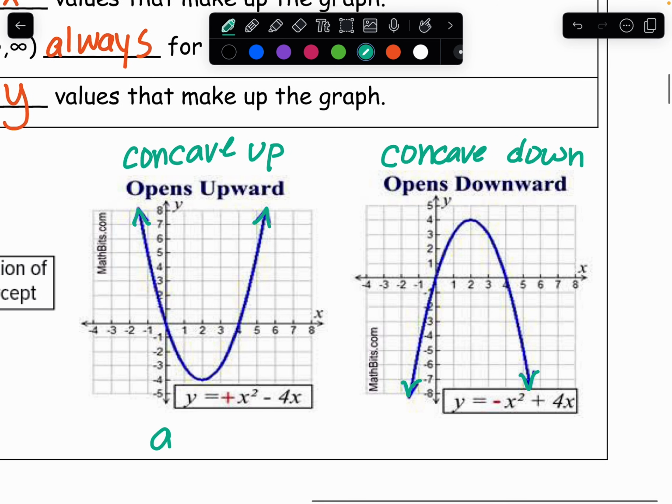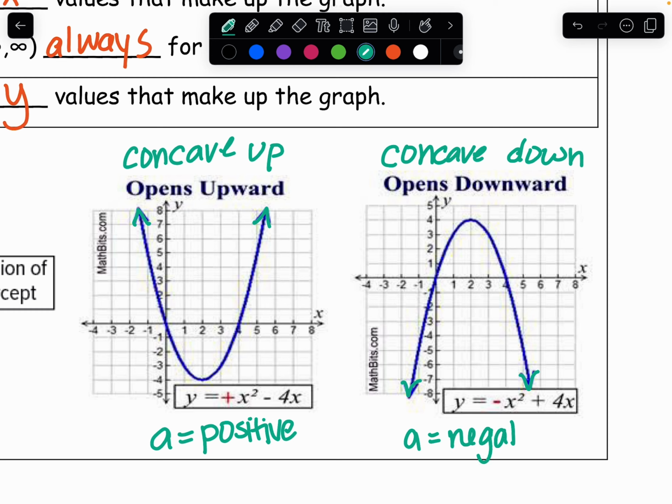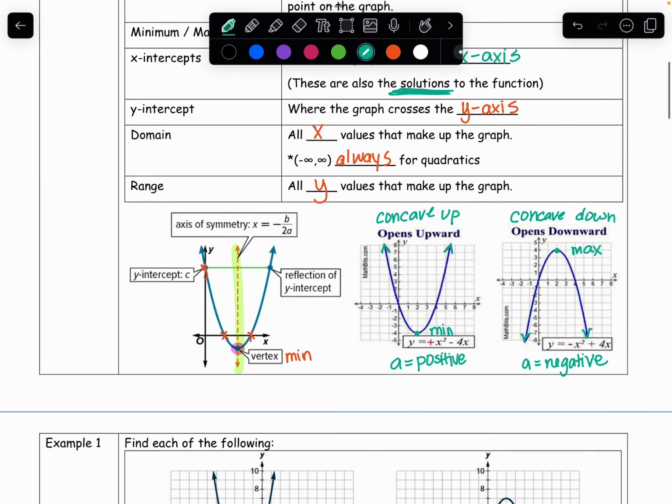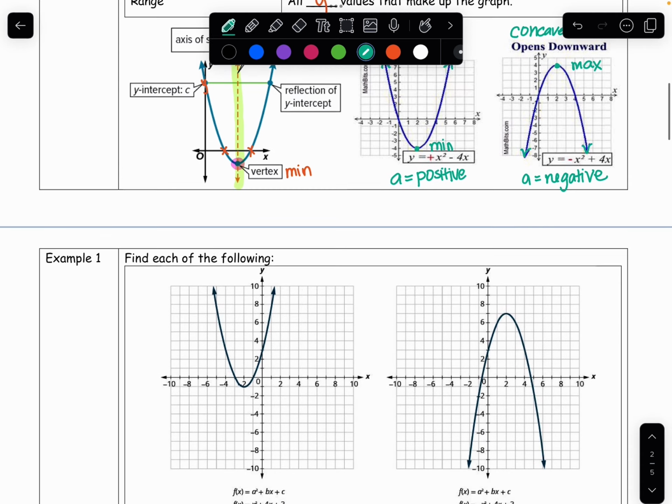So it's concave up if your A is positive, and it's concave down or opens down if A is negative. And for this reason, your vertex is either going to be a minimum or a maximum. And those will always work. We don't use always a lot, but in this case, you can.